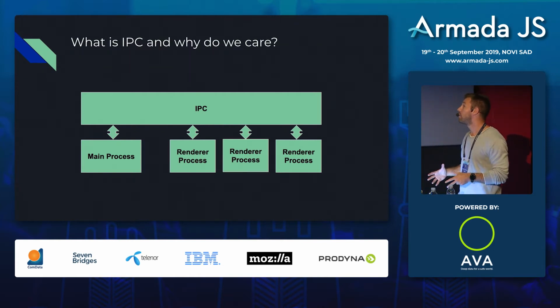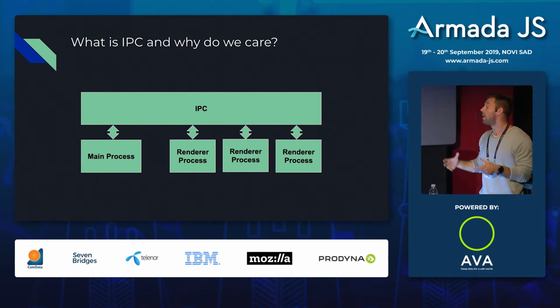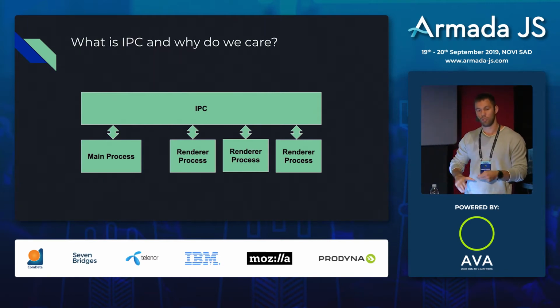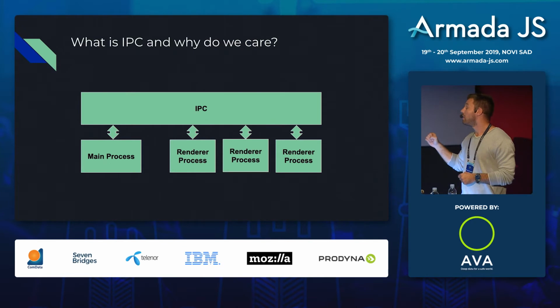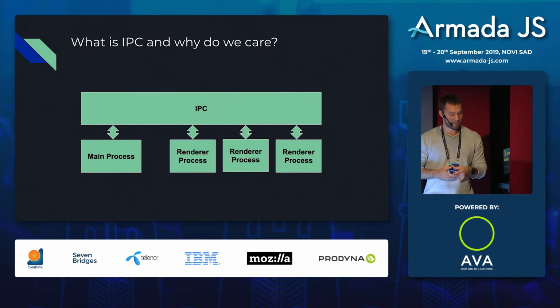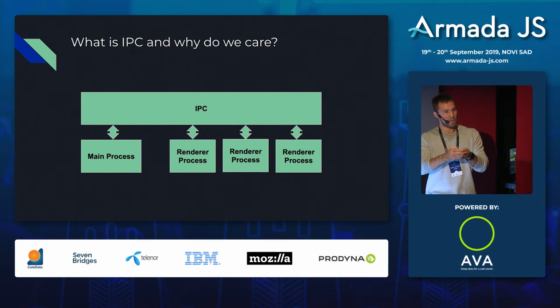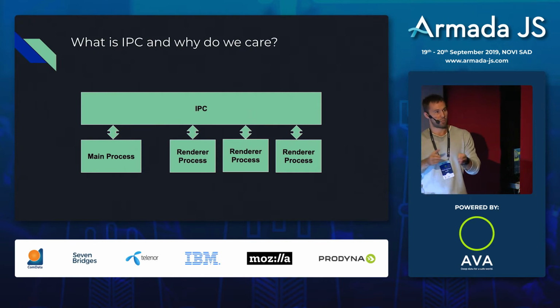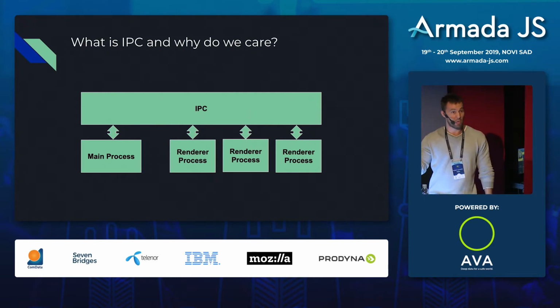IPC is a big part. I know this sounds like I diverged off topic, but this is important to understand, because IPC is a big part of Electron. We have the Electron process, the main guy who is helping us show the desktop app, and we have a separate process that is our web application.